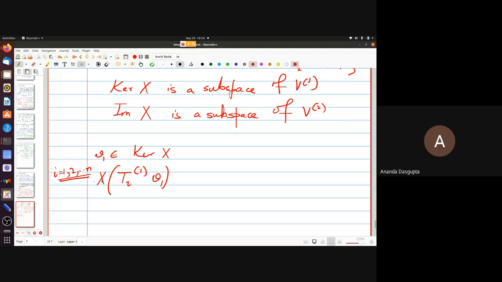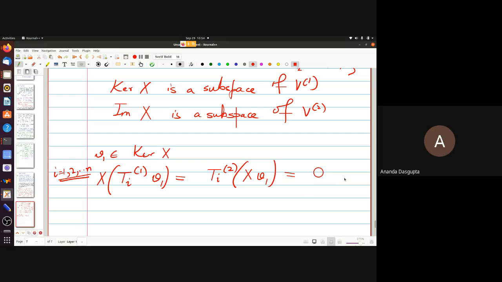So how do you do that? To check whether a vector is in the kernel or not, all you do is apply X on that. But now I have the intertwining property, right? That's because X T1i is T2i X for all the i's. And what does this tell you? What is X v1? Yes? Zero vector. And T2i acting on the zero vector has to be the zero vector.